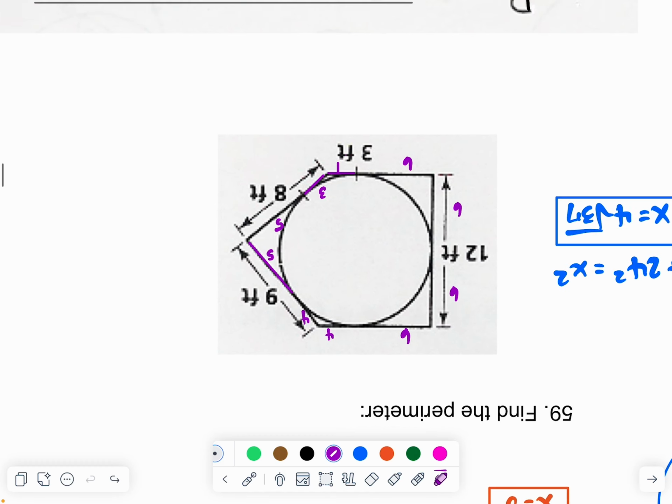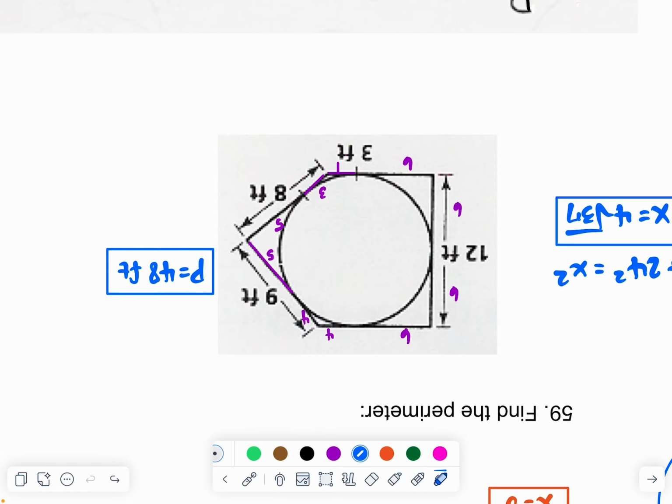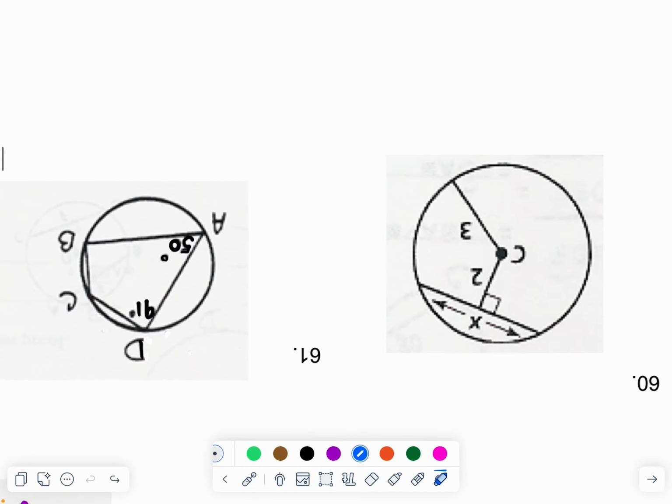So we're just using that congruent tangent rule, and then you just have to add up all the pieces. And this gives us a perimeter of 48 feet. Again, this exact same question was in our notes. So you can go back and look at that if you want to.